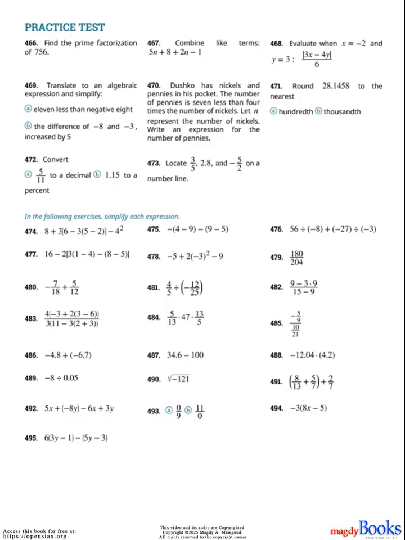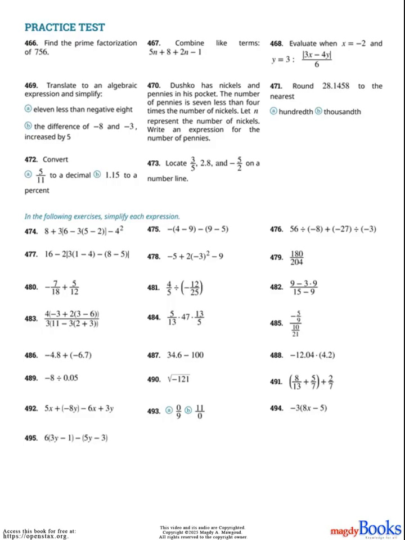Evaluate when x equals negative 2 and y equals 3: the absolute value of 3x minus 4y, all divided by 6. 469. Translate to an algebraic expression and simplify. A. 11 less than negative 8. B. The difference of negative 8 and negative 3 increased by 5.